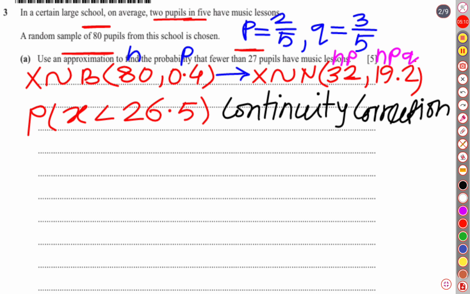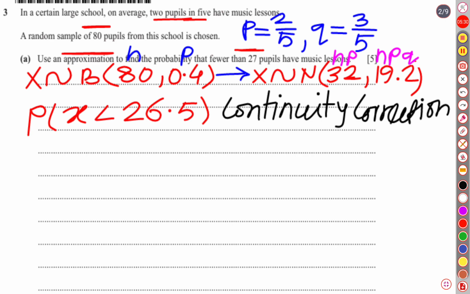That's why from binomial to normal we will have to convert it into a continuous random variable. That's why, since it's less than 27, we will have to subtract 0.5 to make it correct in continuity.